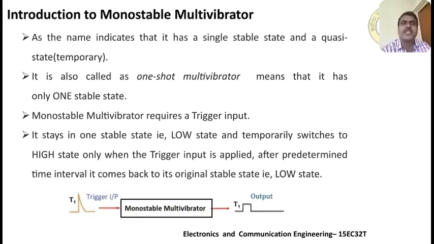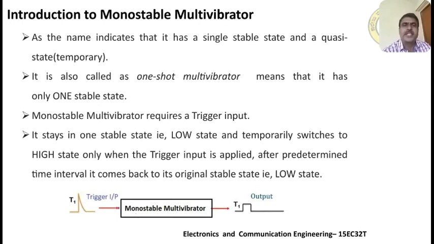So the second point here is, it's also called a one shot multivibrator, meaning that it has only one stable state. Then the third point is that monostable multivibrator requires a trigger input. So naturally, to change the state, you have to give a short trigger pulse as a trigger input.